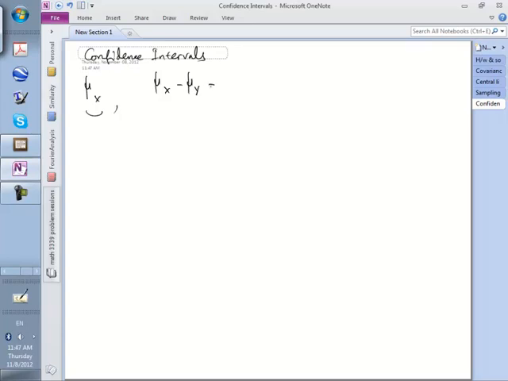And you know that the difference of the mean of two random variables is this. And finally, we may want to estimate the variance or the standard deviation of a random variable. Actually, we do the variance. And if we estimate the variance, then we estimate the standard deviation because we take the square root of the variance. Easy enough.